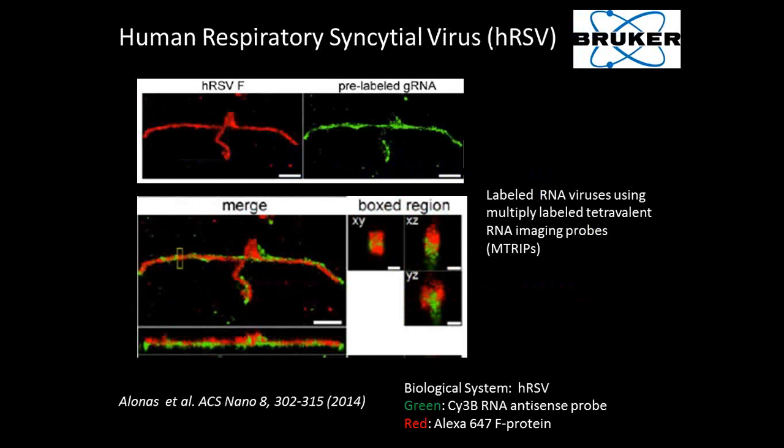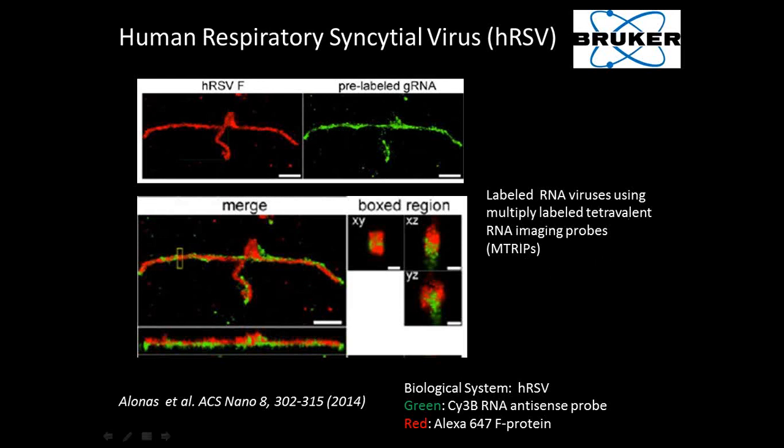Here's one of our recent publications from Phil Santangelo's group at Georgia Tech, where they were looking at RSV virus. When we were first working with them, what we were pleasantly surprised with was they were already using the right dyes to be able to jump into doing super resolution imaging. They were looking at RNA viruses labeled by using multiply labeled tetravalent RNA imaging probes they called MTRIPs.